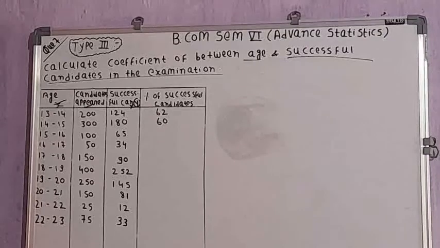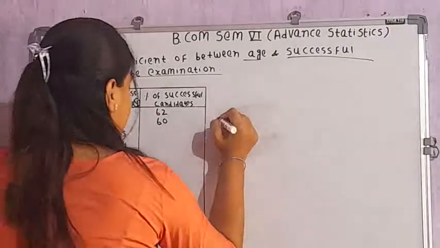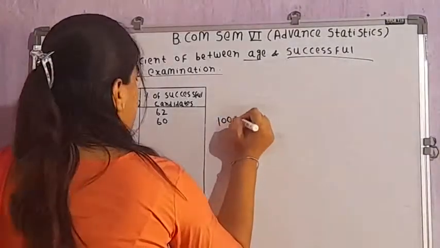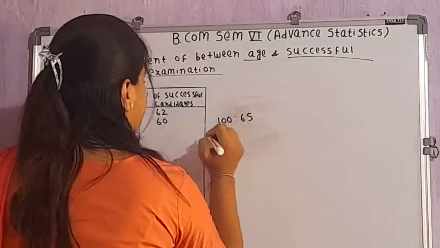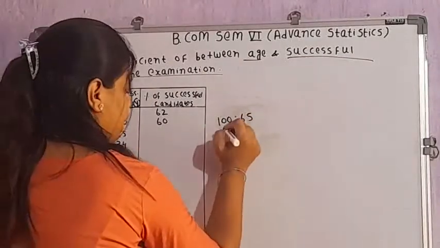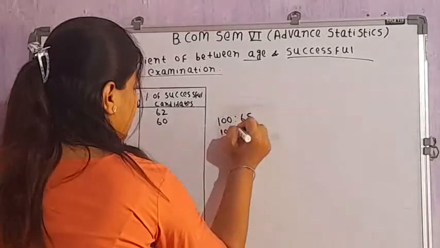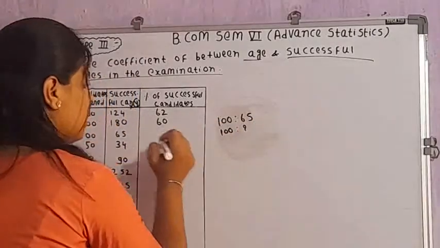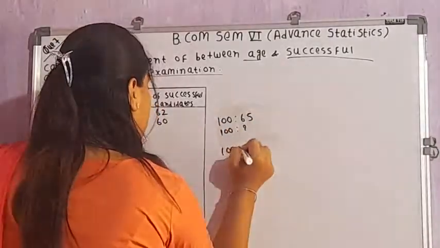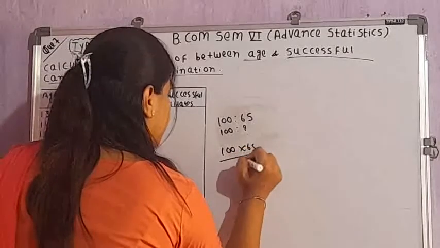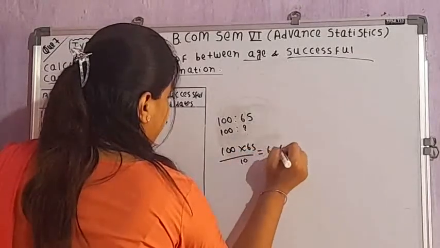For the age group of 15 to 16, 100 students have appeared for the examination, out of which 65 have passed. 65 out of 100, so how many out of 100%? Again it will be 100 into 65 divided by 100. So it will be 65%.